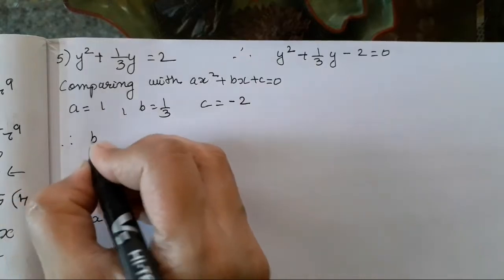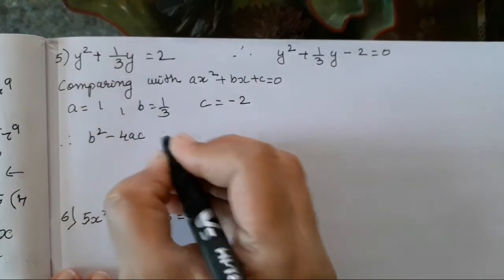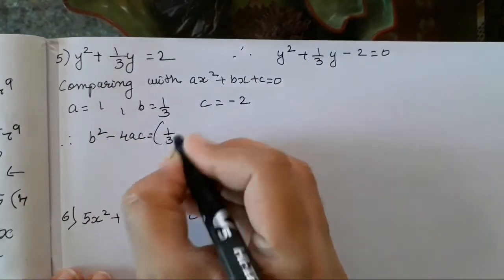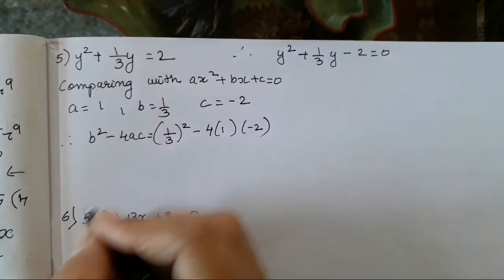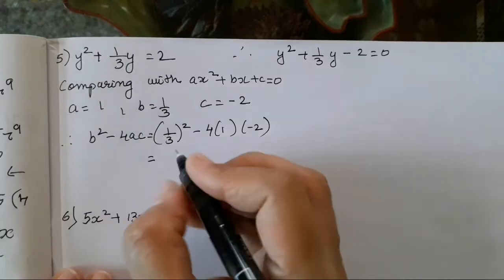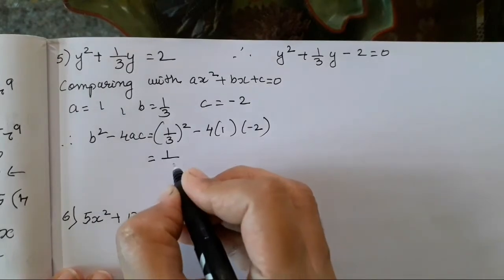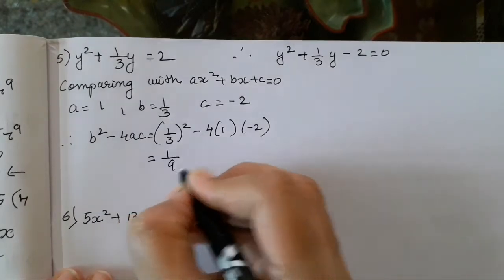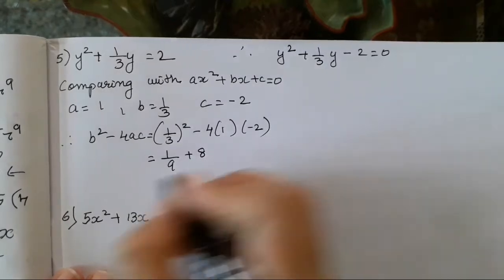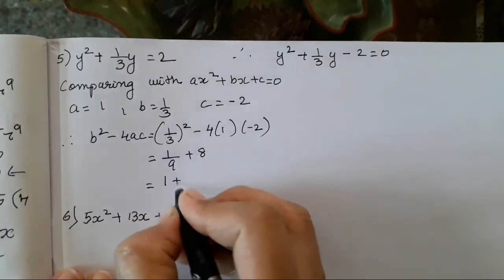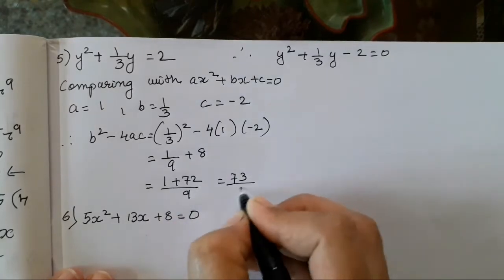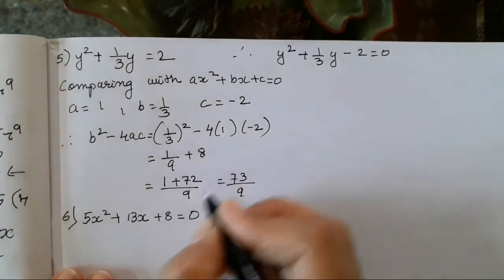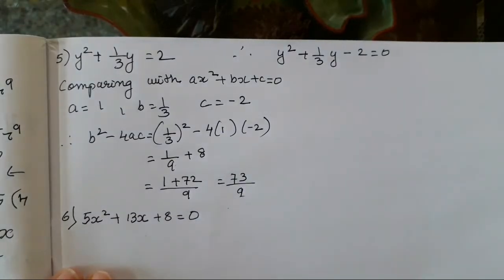So therefore b square minus 4ac is 1 upon 3 whole square minus 4 into 1 into minus 2. It's going to change to 1 upon 9 plus 8, which is going to be 1 plus 72 upon 9 and 73. I hope you all know these operations. Multiply it and then add it. Okay.